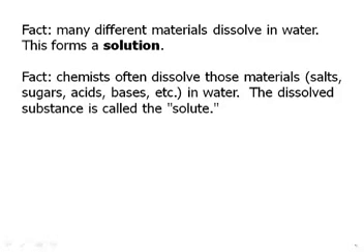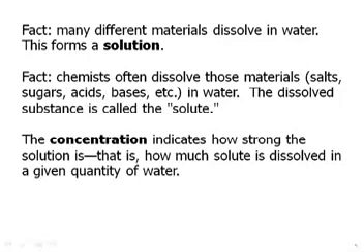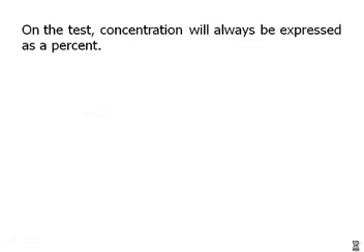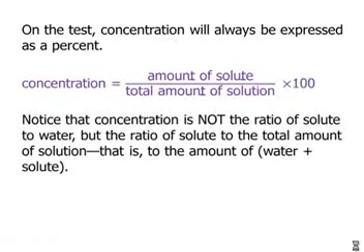The dissolved substance is called the solute. The concentration indicates how strong the solution is. That is, how much solute is dissolved in a given quantity of water. On the test, concentration will always be expressed as a percent.